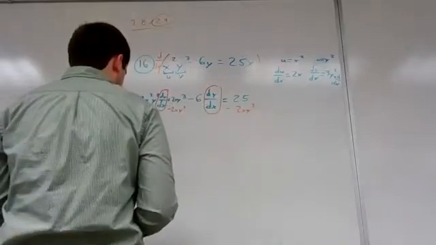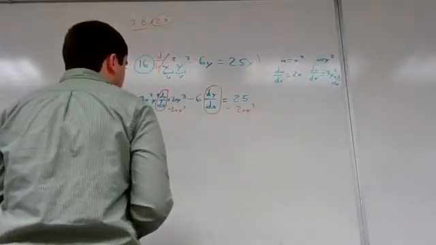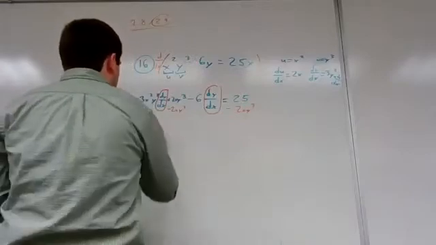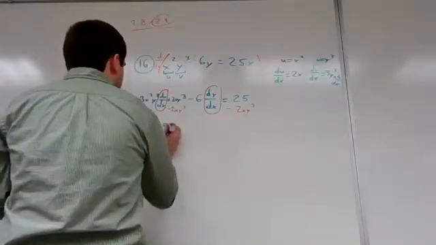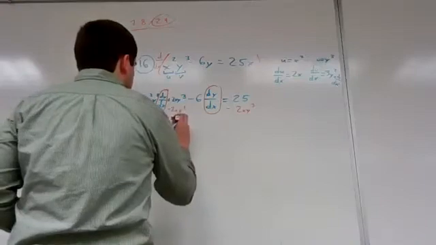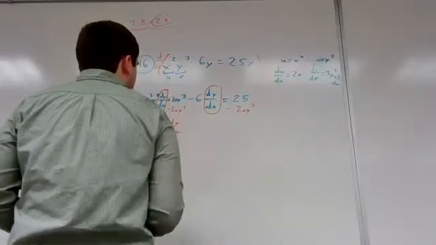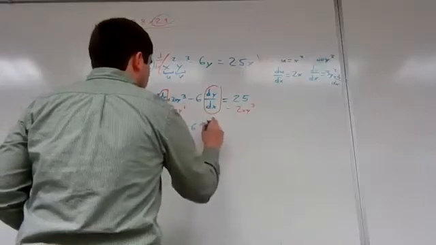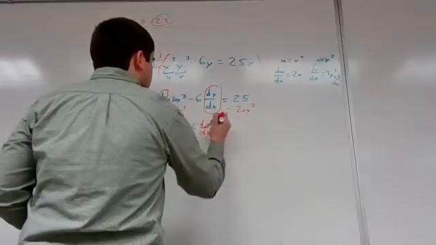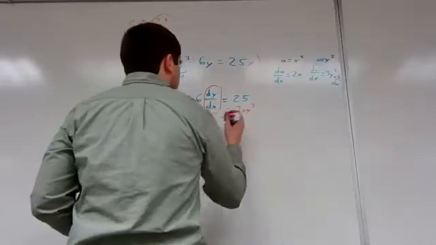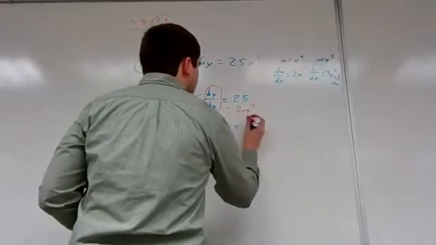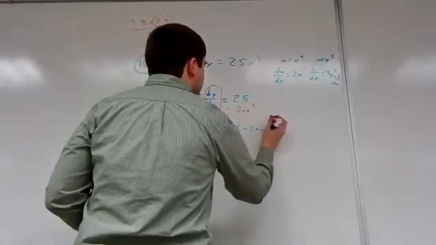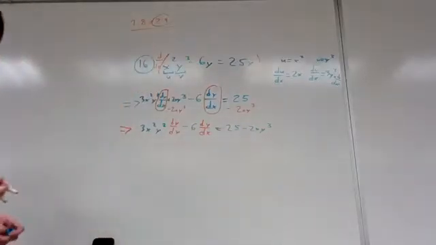So I'm going to be left with 3x squared y squared times dy over dx minus 6 times dy over dx equals 25 minus 2xy cubed. Okay.